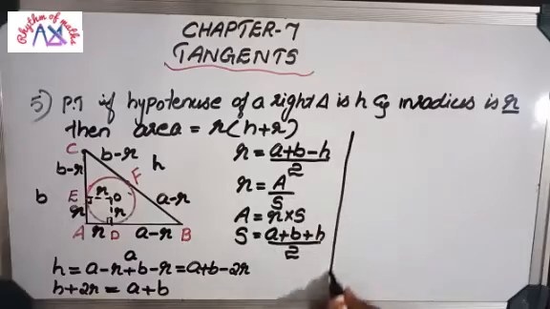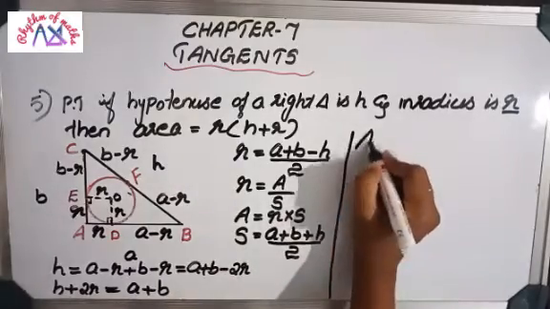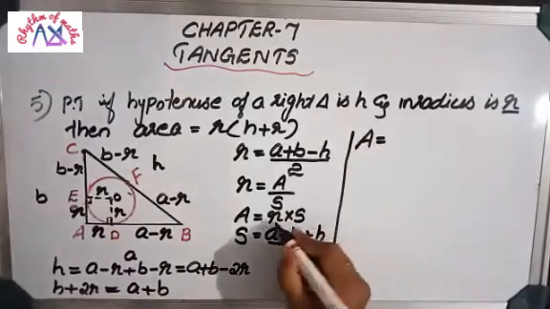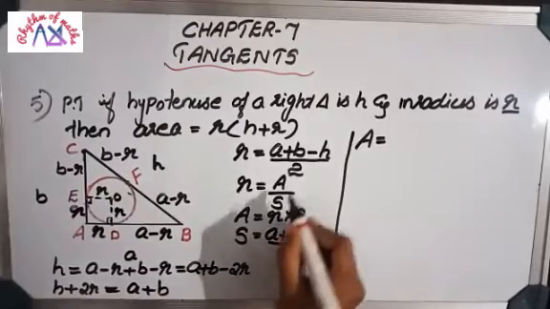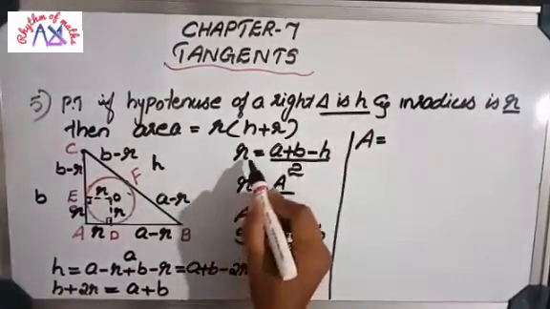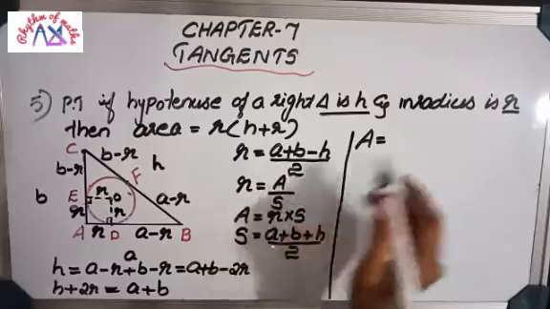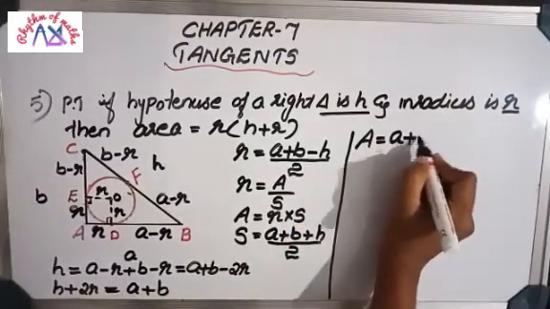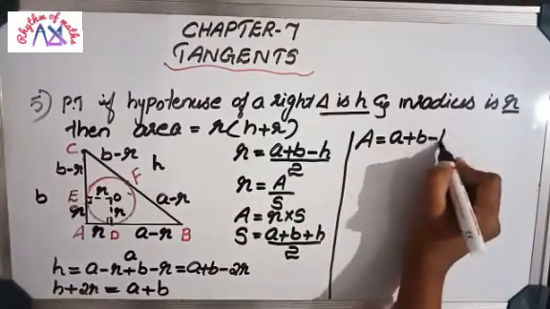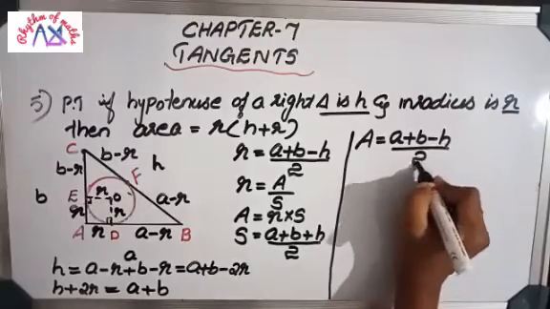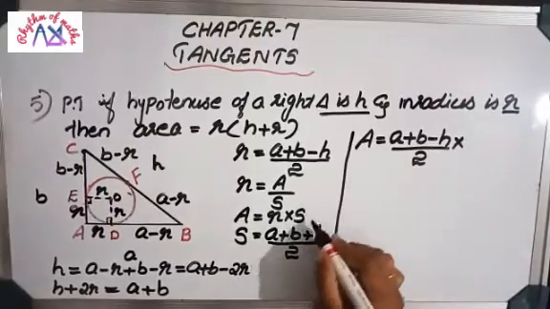Now let's apply all this in this equation, area equal to R into S, inradius. For this right triangle, what is the inradius? A plus B minus H by 2, that we already found, into semi perimeter.